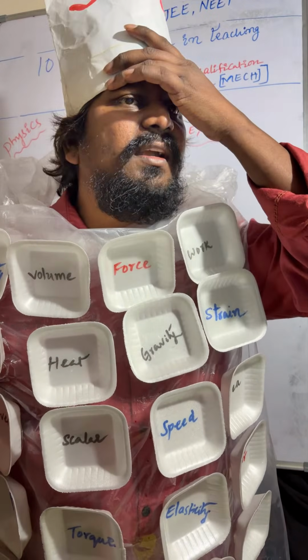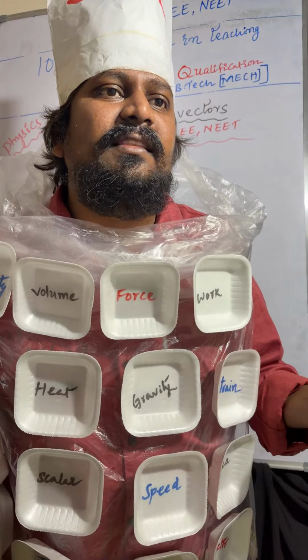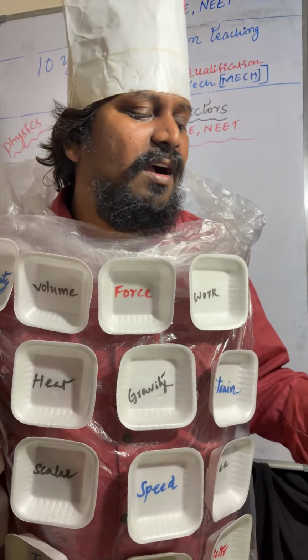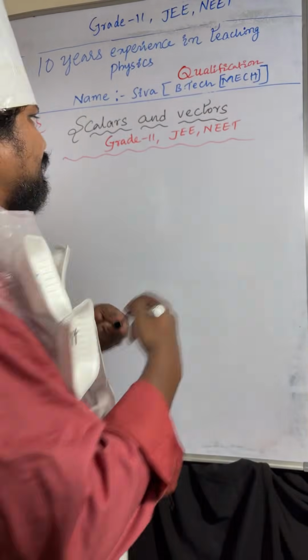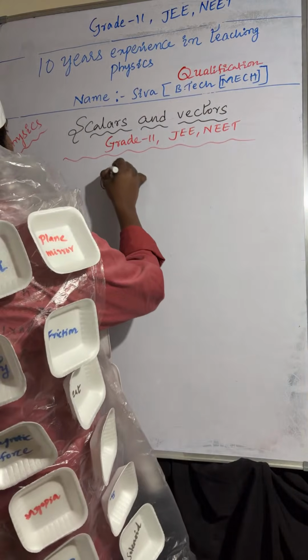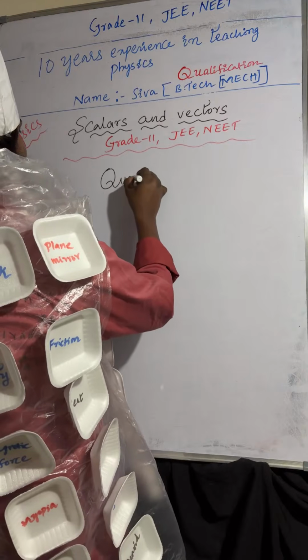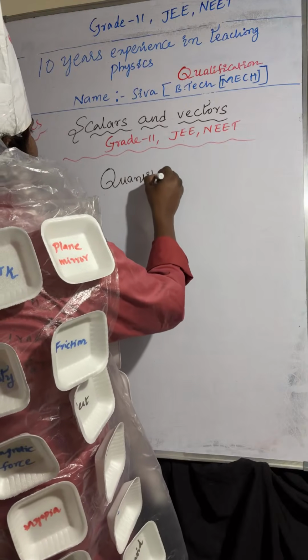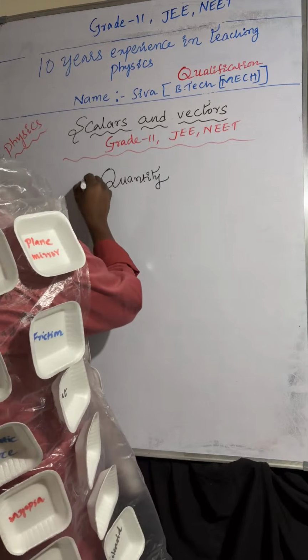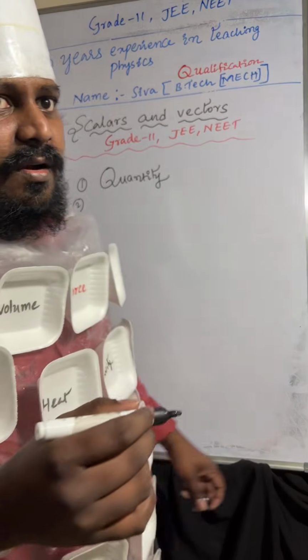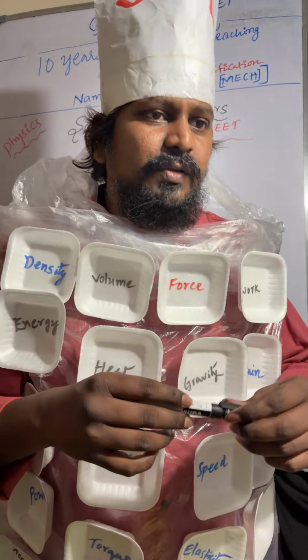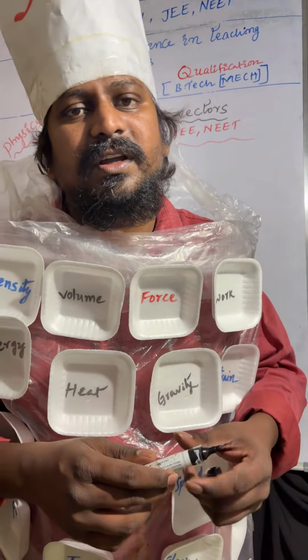That is called quantity. Quantity is nothing but what tells the answer for how much or how many. Like 1 kg, 2 kg, 3 kg, 4 kg.